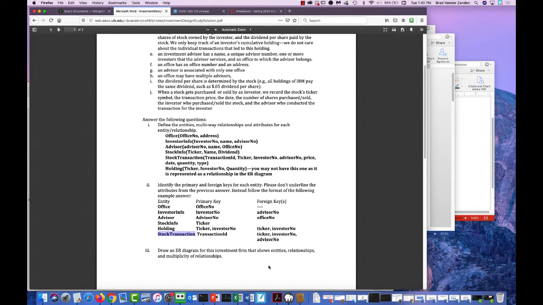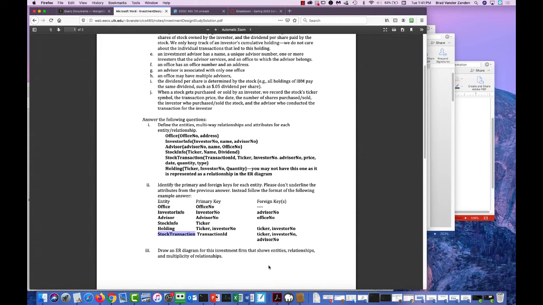Oh wait, sorry, I messed this up. Yeah, this should be advisor stock, sorry. Okay, so the question now is, given an advisor and a stock, how many investors might the advisor have purchased the stock for? 0 to many.